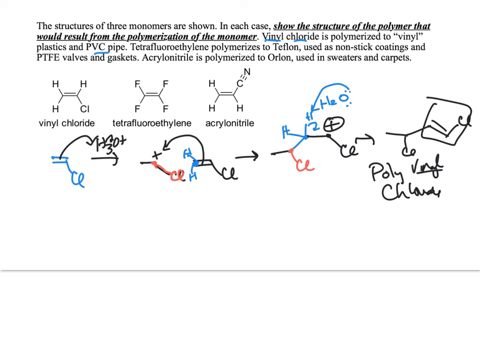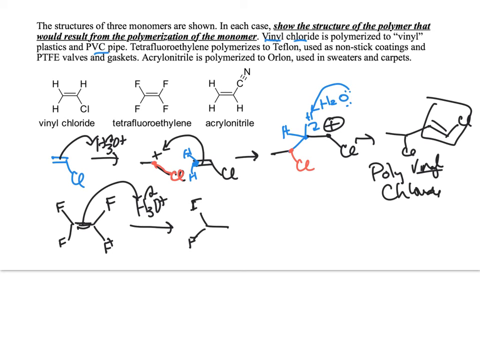Okay, tetrafluoroethylene. So you would buy some tetrafluoroethylene, you react it with acid, just a little drop of acid, and this would generate a carbocation. You would get the protonation there, you would get your carbocation, and then it would react with itself.